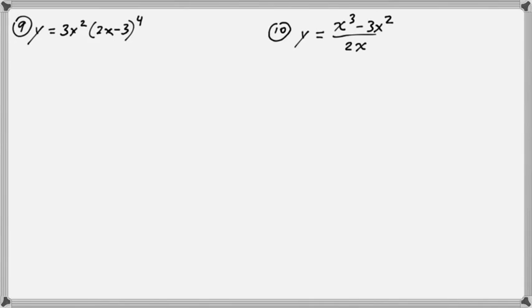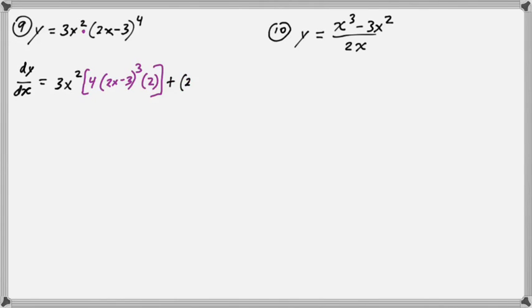This is another product, so I need a product rule. I will find the derivative using the product rule. Bring the 3x squared down times the derivative of this, which is power, base, 1 less power, derivative of base. Then I would put plus.